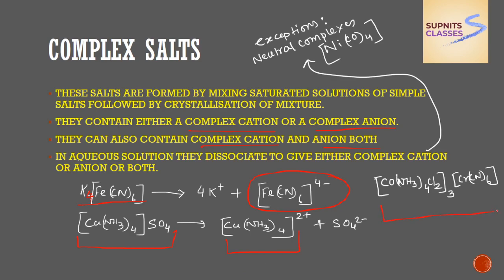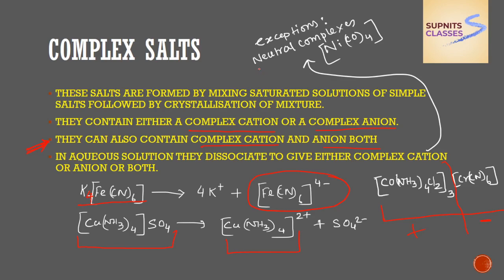Next is this one. Here, if you see the salt over here, this part is basically the cationic part and this part is the anionic part. So here both the cationic part and the anionic part are going to be complex, which is basically the example of this statement. Now I have said while studying the salts that there will be certain salts which are not going to give ions in aqueous solution.